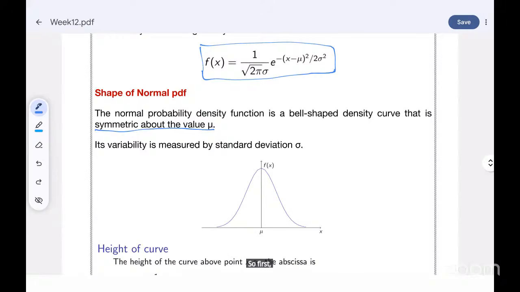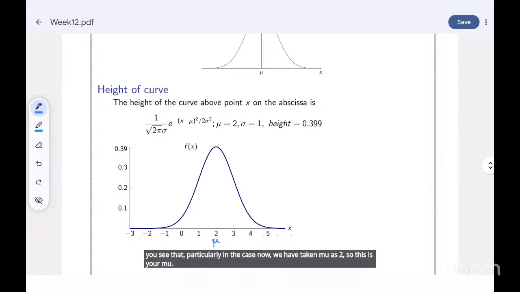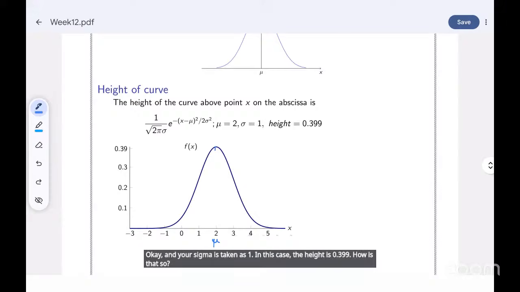So first let's try to understand the height of this curve. Here the height of the curve above the point x, in this particular case we have taken mu as 2, so this is your mu, and your sigma is taken as 1. In this case, the height is 0.399. How is that so?